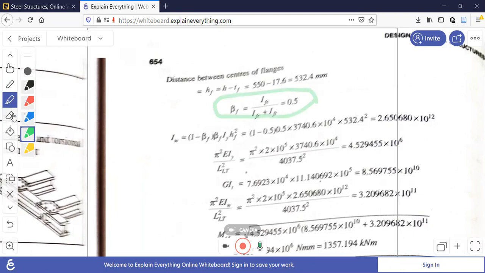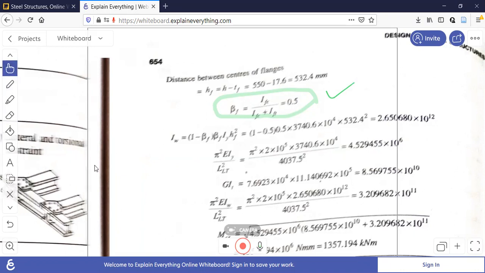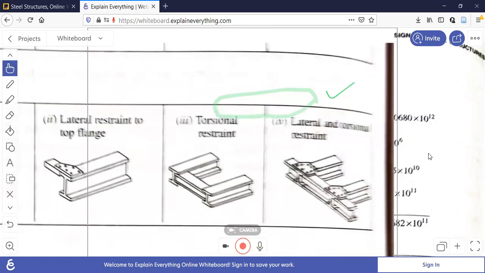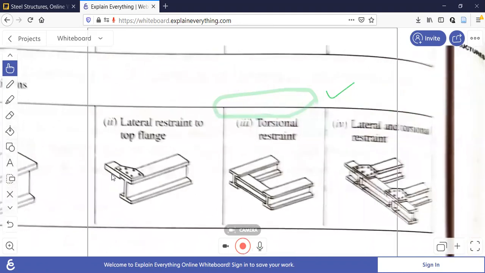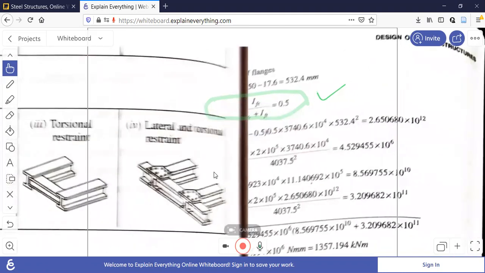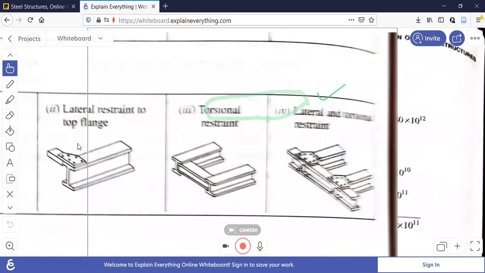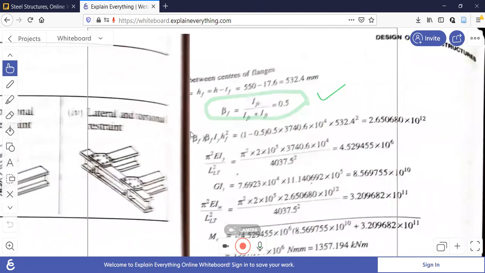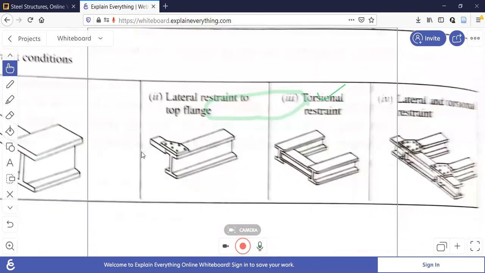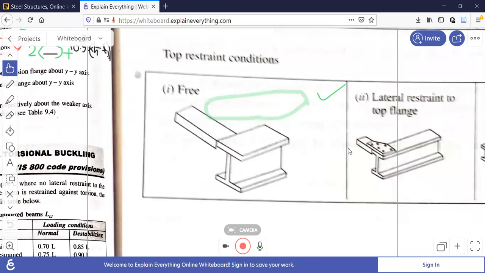In order to understand beta F, everything is there in the code book, but still you observe. That formula, the answer will be 0.5.